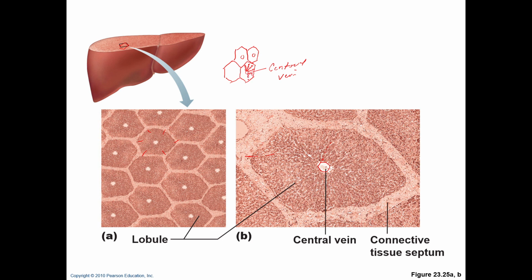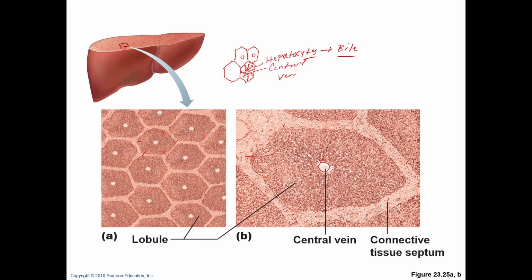So these are hepatocytes like this. Hepatocytes are the liver cells. Hepatocytes secrete bile. That bile from the liver goes to the gallbladder.